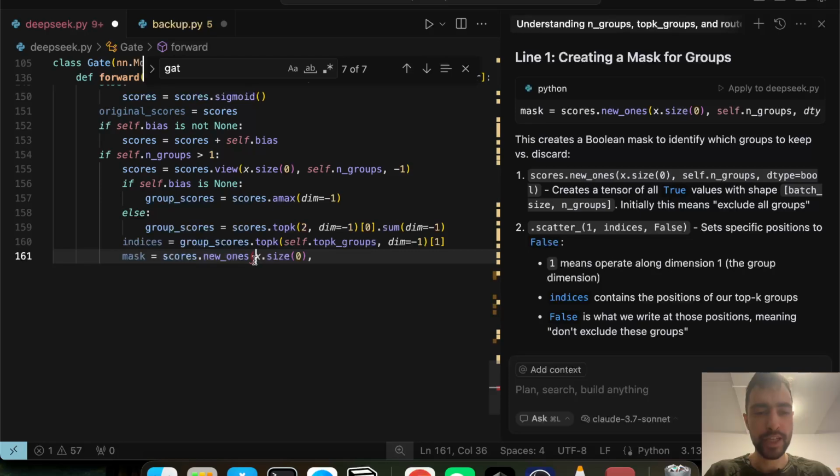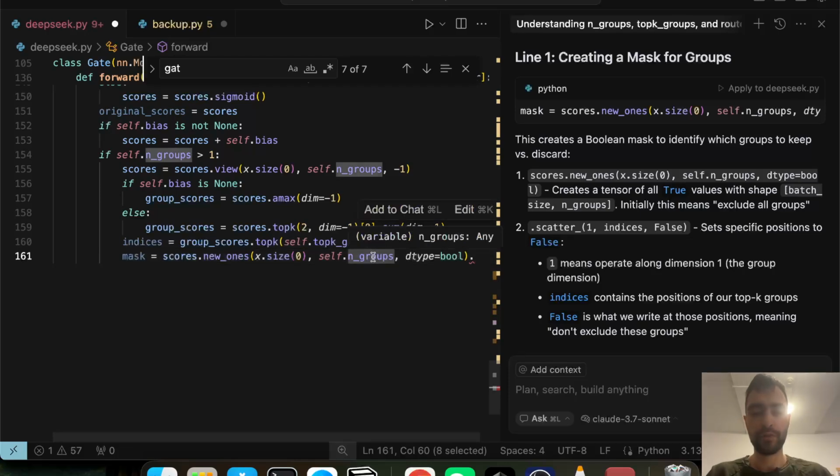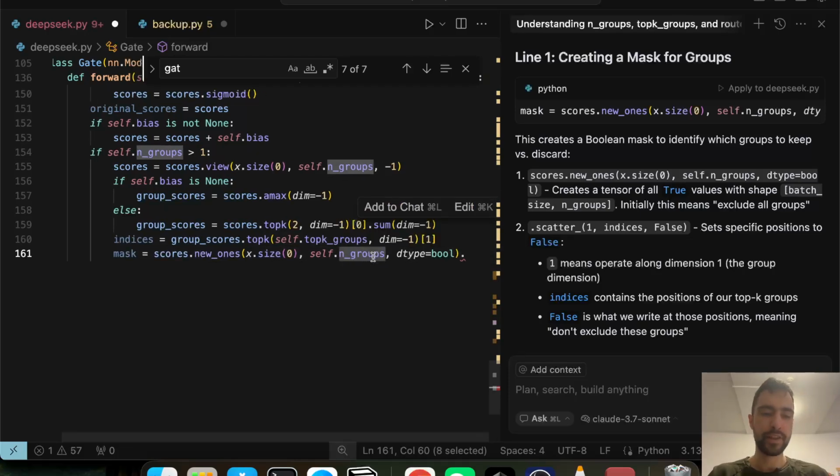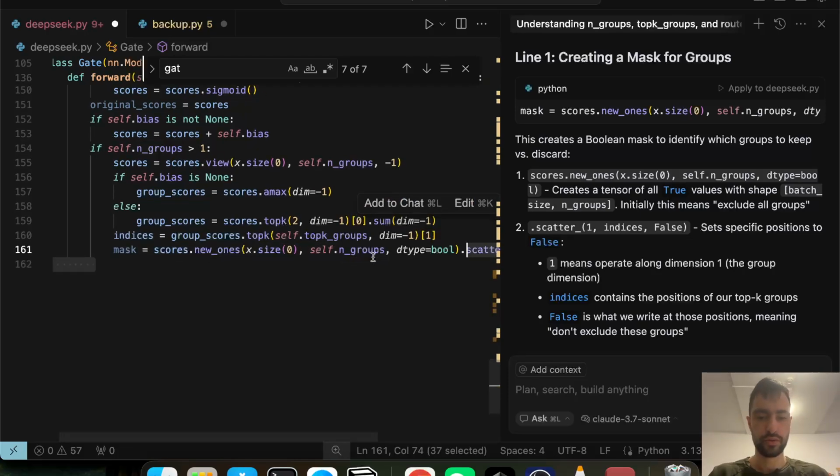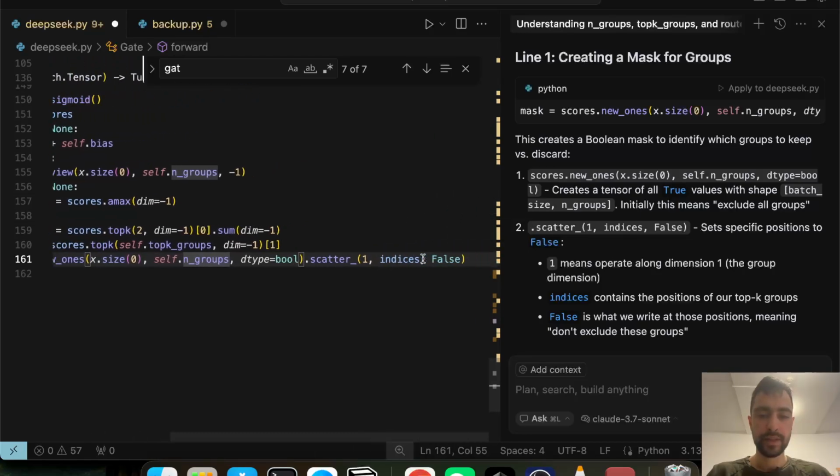This is the batch dimension, and so for each batch you have number of groups. So now we will just fill everything with true, and then after that, depending on the index of the selected group indices, we will set those to false. So we don't want to exclude them later.